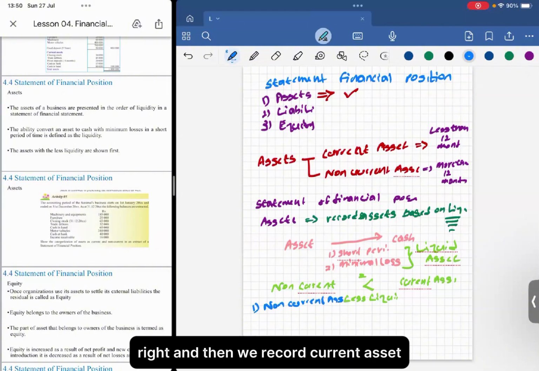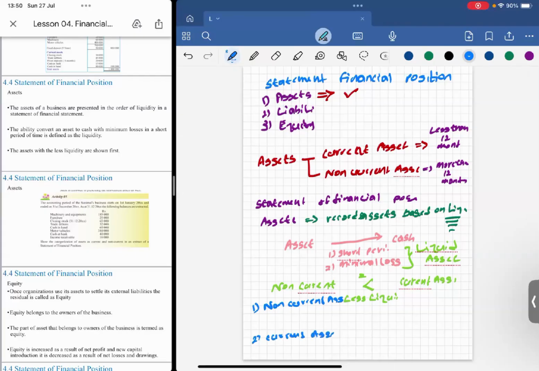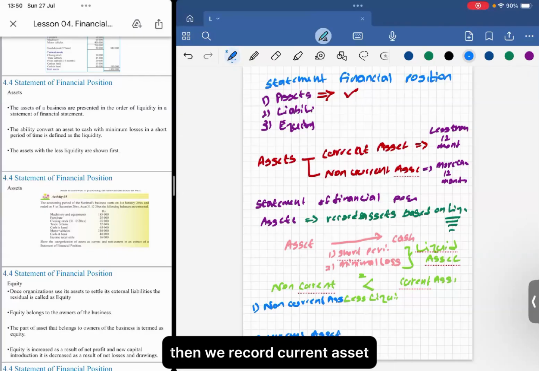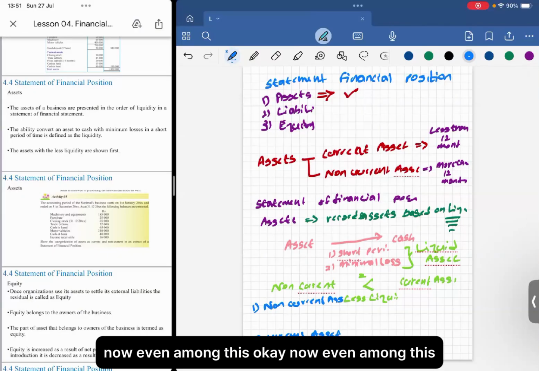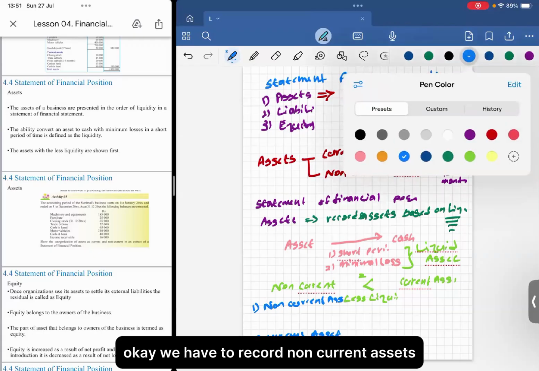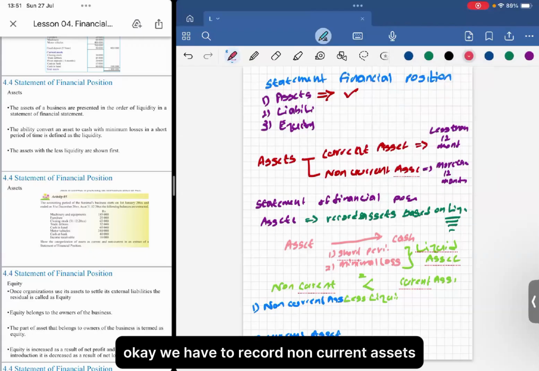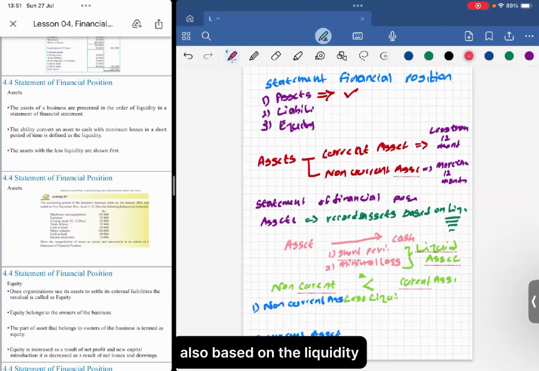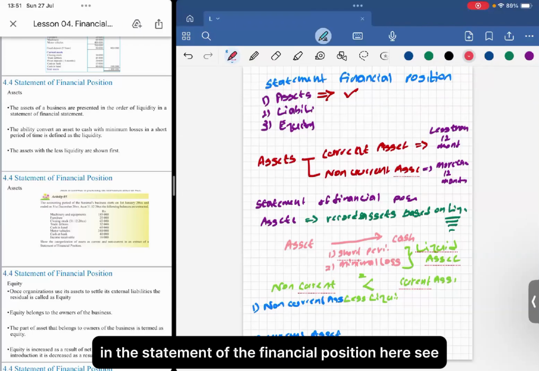And then we record current assets. Now, even among these, what is the concern? We have to record non-current assets also based on the liquidity, in the statement of the financial position.